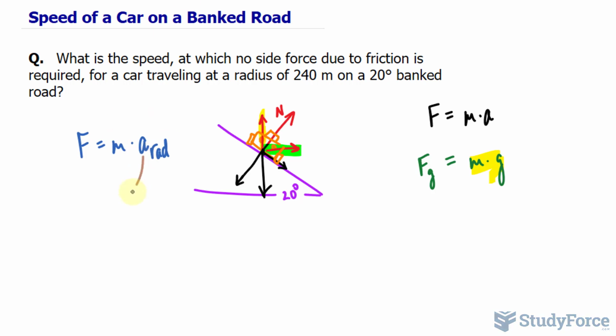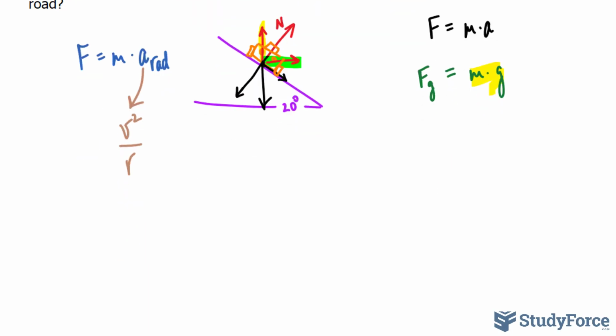And this can be found by taking the velocity, raising it to the power of 2, over r. So this must equal m times v squared over r. We need to find an expression for that and an expression for that. How do we do that?